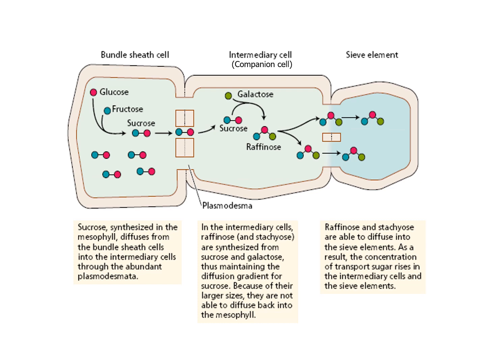In the companion cell, the sucrose is converted to an oligosaccharide such as raffinose, which is too large to diffuse back through the plasmodesmata. The polymer, that is raffinose, is thus trapped in the sieve tube element companion cell complex and is carried away by mass flow.